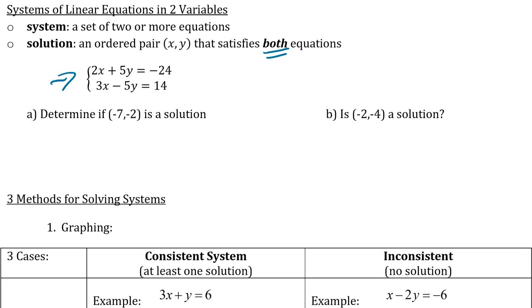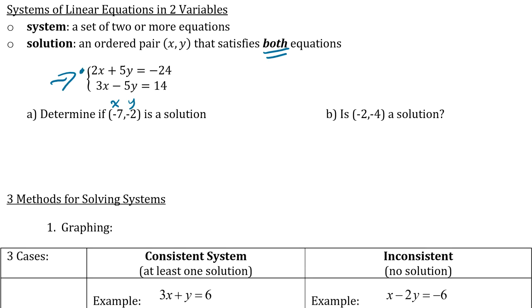Alright, so for part A, let's look at -7, -2, and see if it's a solution. So -7, -2, this is our x and our y, and we're just going to start plugging into both of these equations.